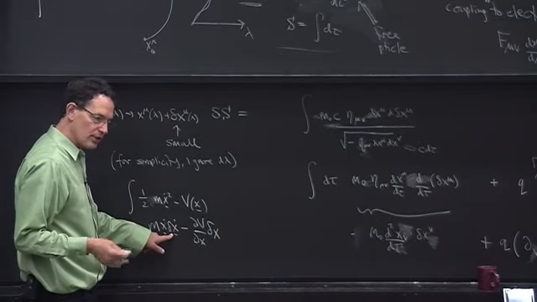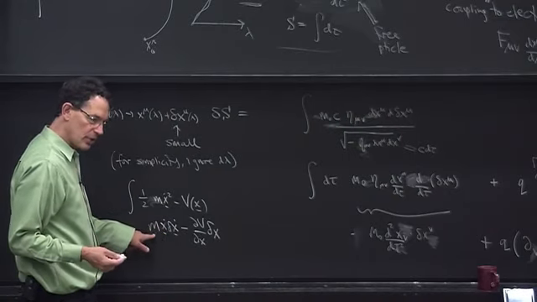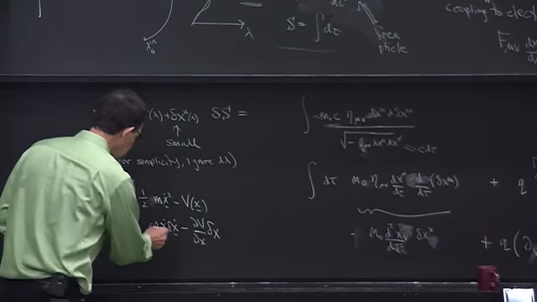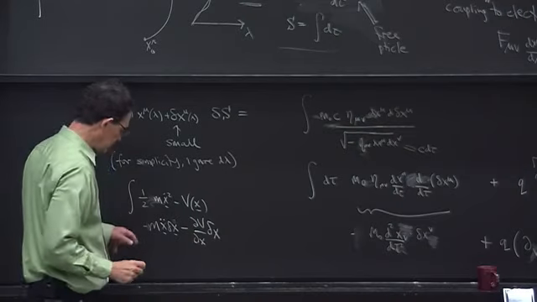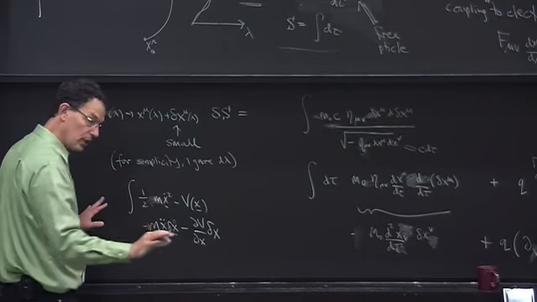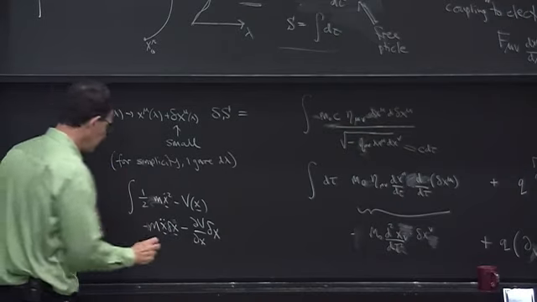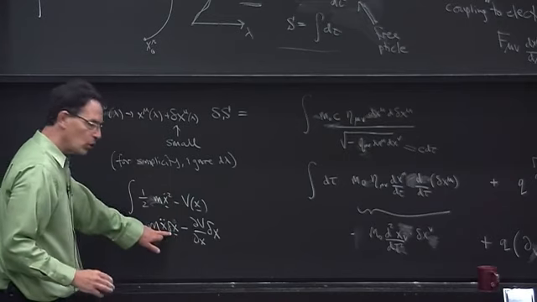So I've got to get rid of this delta x dot. The only way I can do it is by integrating by parts. So I get minus m x double dot times delta x, and I ignore the surface terms. And then I say this must be true for all delta x.